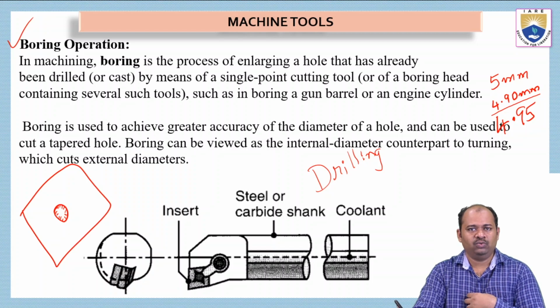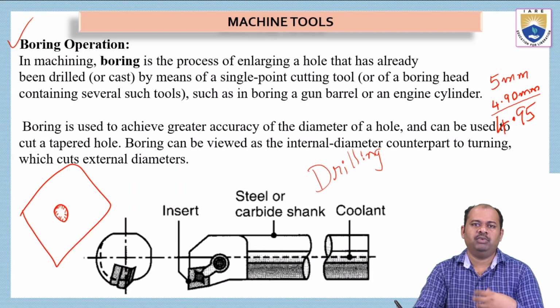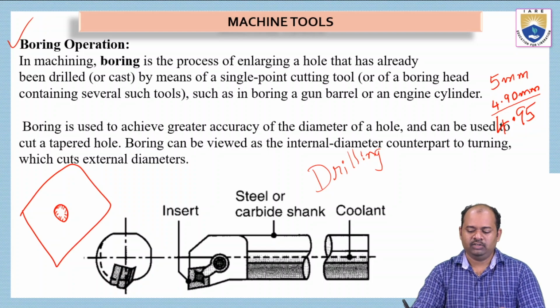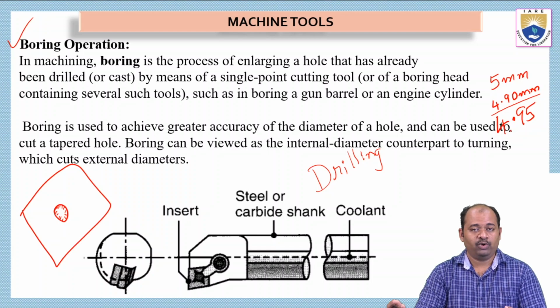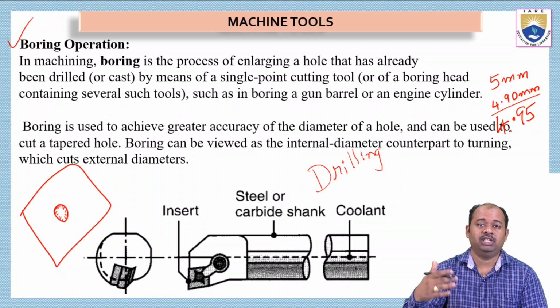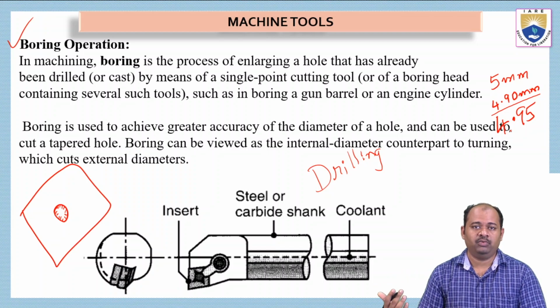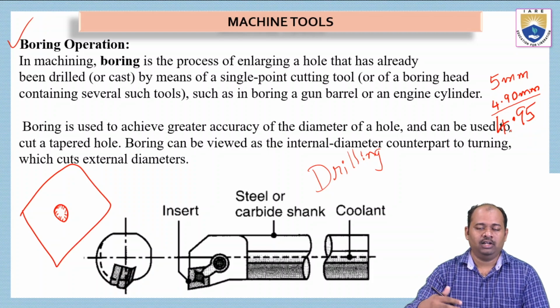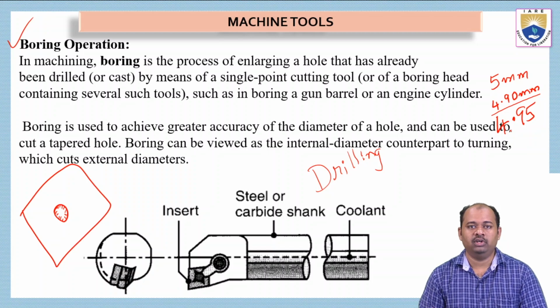Now, I cannot use a drill bit of exactly 5 mm size, because a 5 mm size will make a bigger hole like 5.05, which is not useful for me. That is why I have to use a 4.90 mm drill bit, which will give me a 4.95 mm diameter hole. And this hole has to undergo some other operations like boring operation.